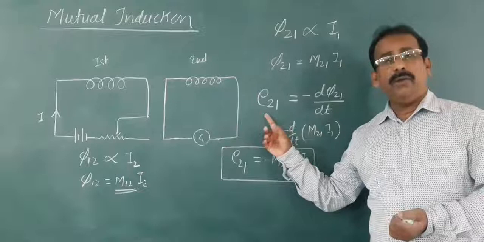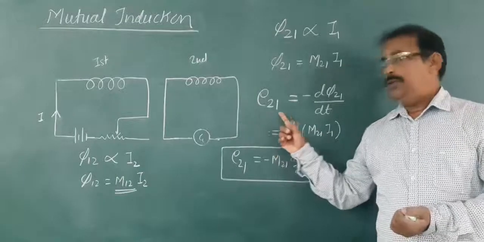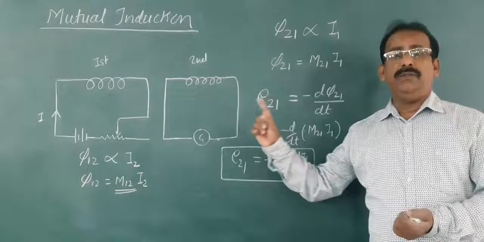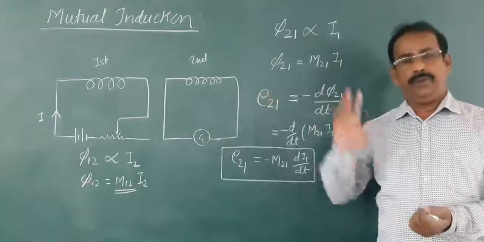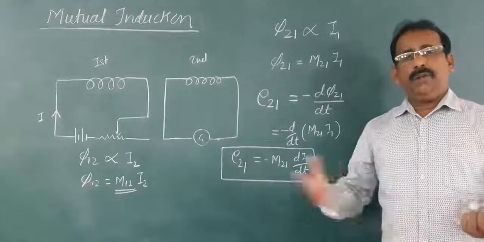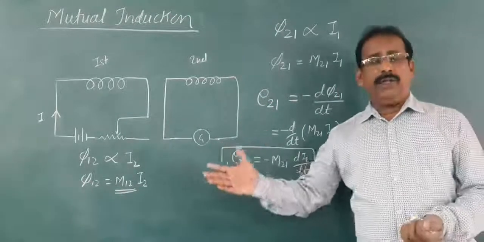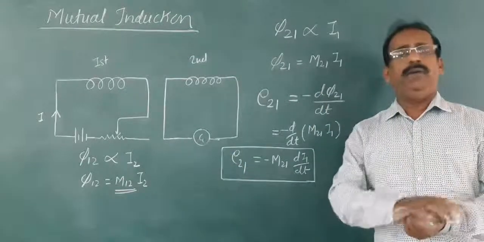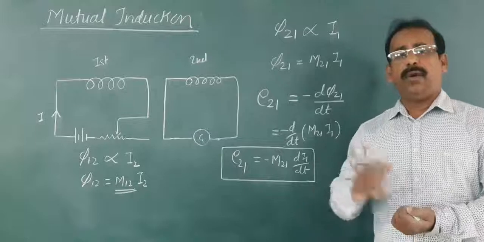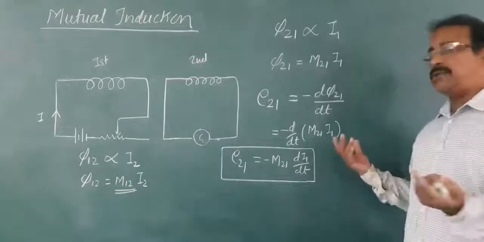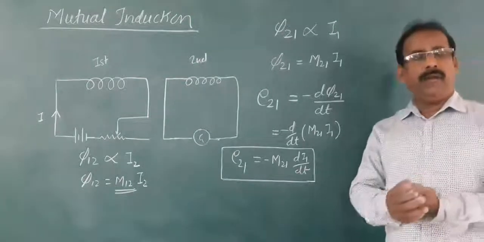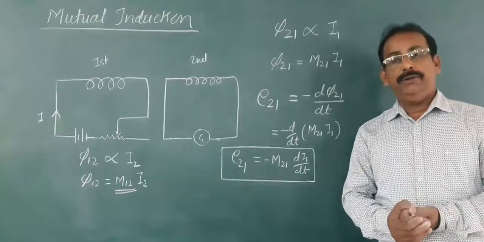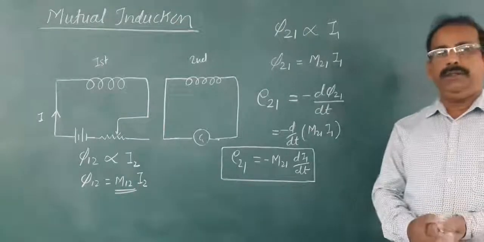By Faraday's law, this is the EMF induced in the second coil due to current in the first coil. Similarly, you will get E12, the EMF induced in the first coil due to current in the second coil. It is minus d∅12 by dt.